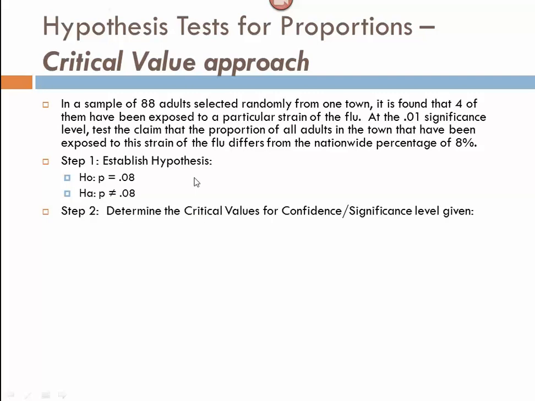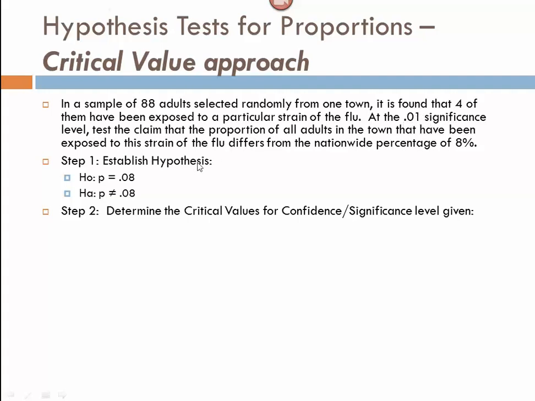Okay, secondly, we want to determine the critical values for this significance level. In this case, we picked a 0.01 significance level, so that's a 99% confidence level.